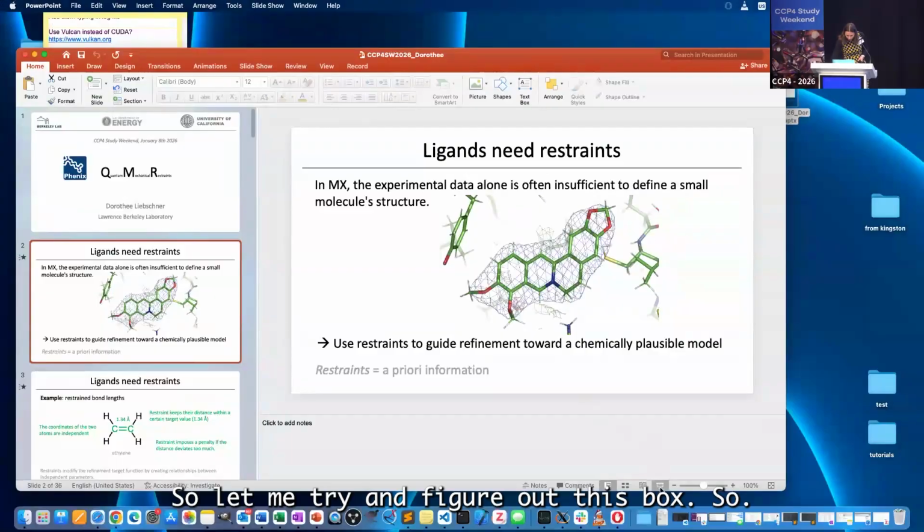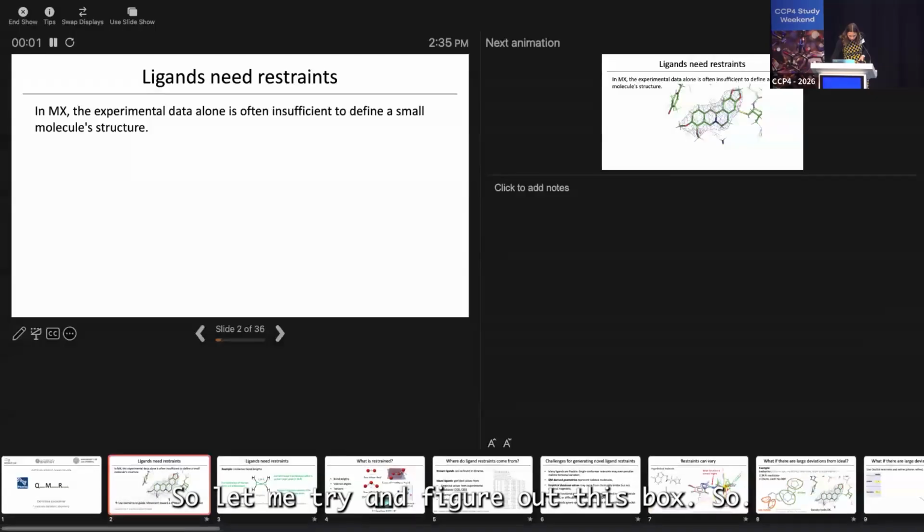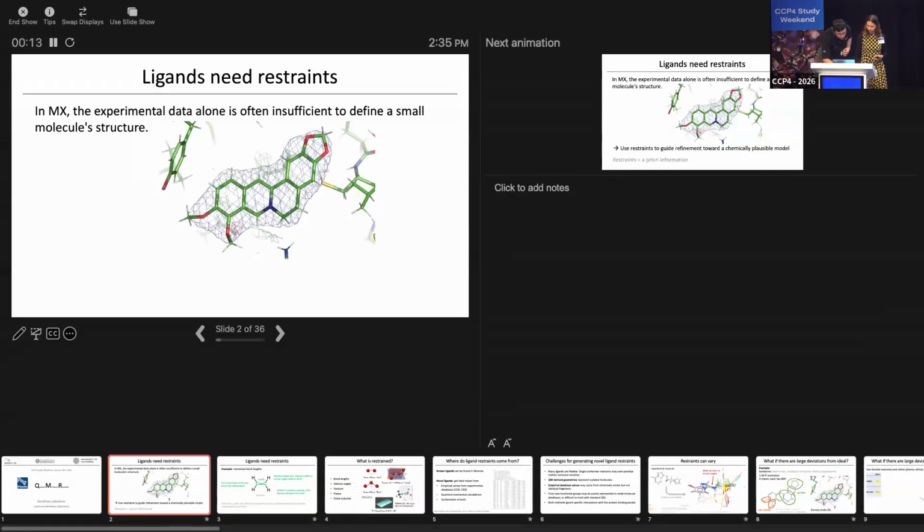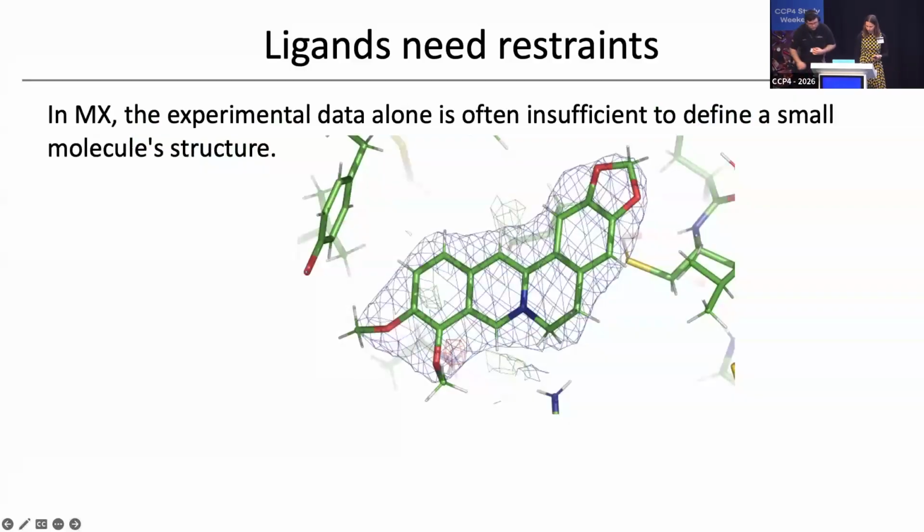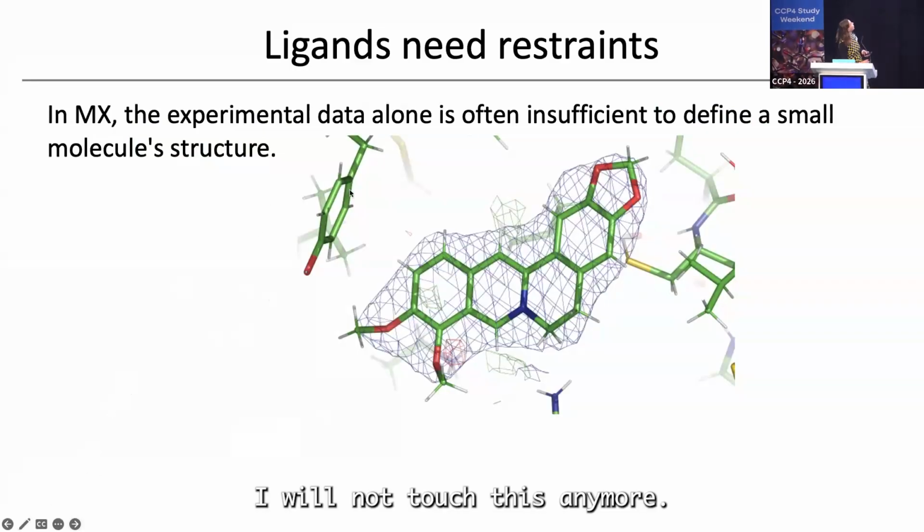So let me try and figure out. There's a button on the top. Top left, yeah, I don't have this here. Okay, here we go. All right, I will not touch this anymore.